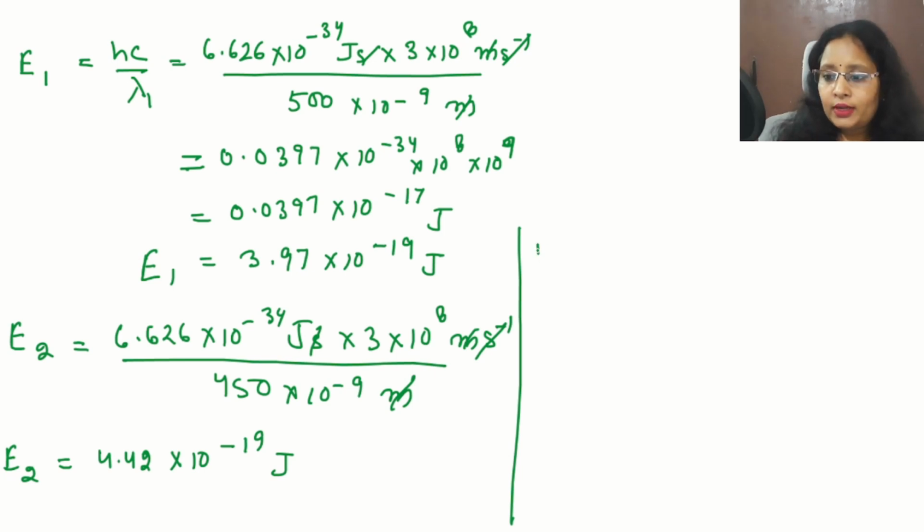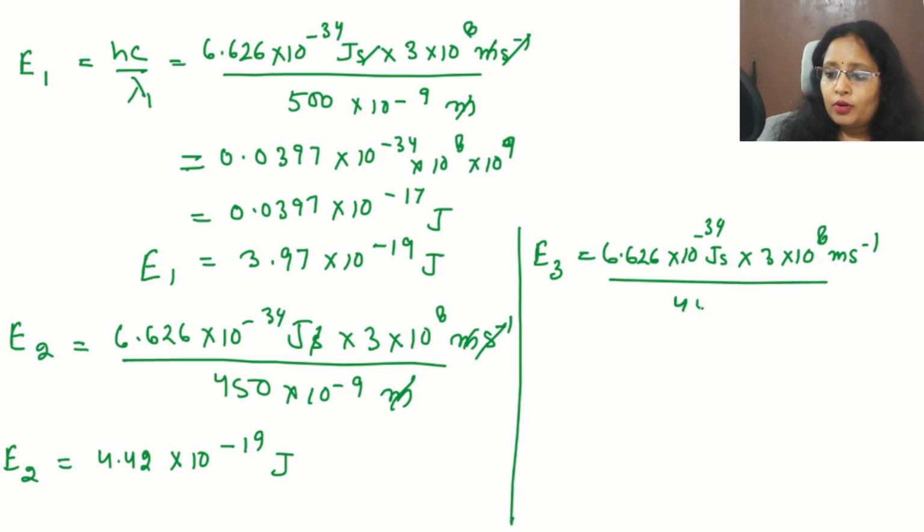In the same way we will calculate E3. Again hc upon lambda 3. h is 6.626 into 10 to the power minus 34 joule second, c is 3 into 10 to the power 8 meter per second, upon lambda 3, which is 400 into 10 to the power minus 9 meter.